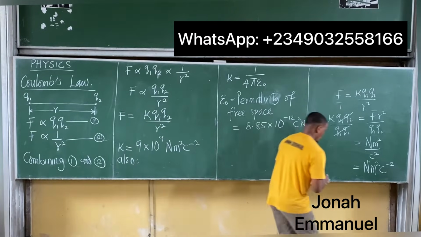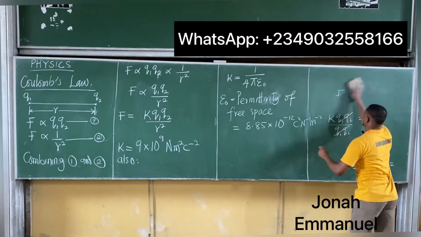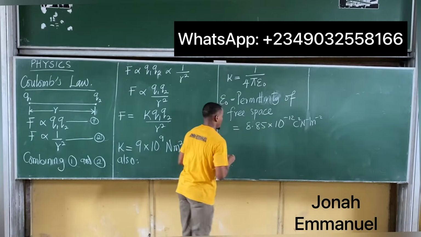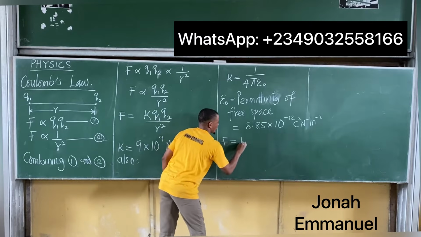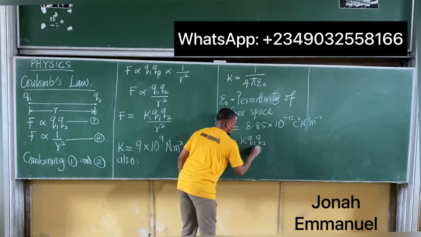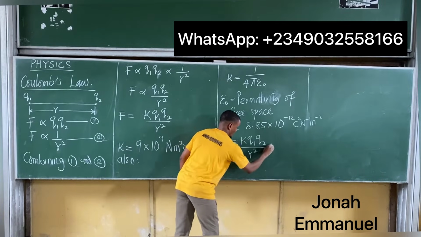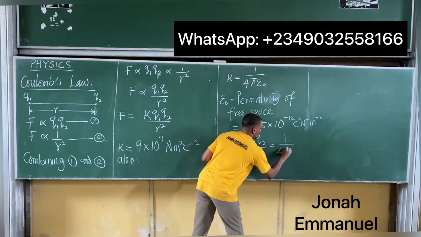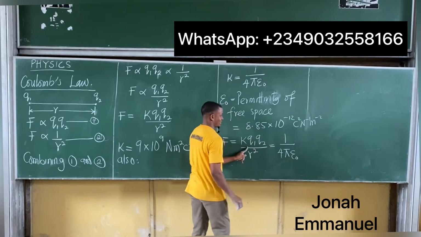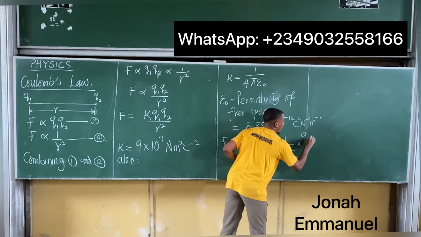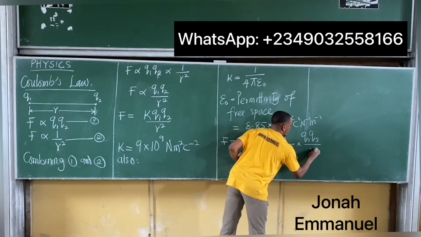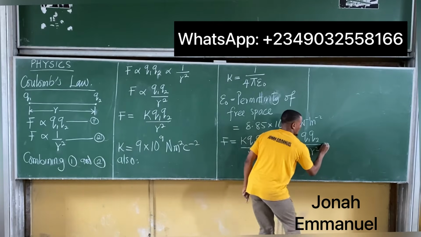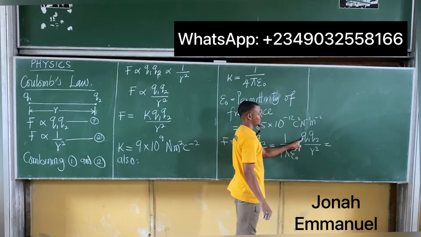If this is true, that means that we said F is equal to K Q1 Q2 over R squared, but we just said K is equal to 1 all over 4 pi E naught. So it becomes this times Q1 Q2 over R squared. Please, this one here is K. If I combine this, it becomes 1 times this is itself.